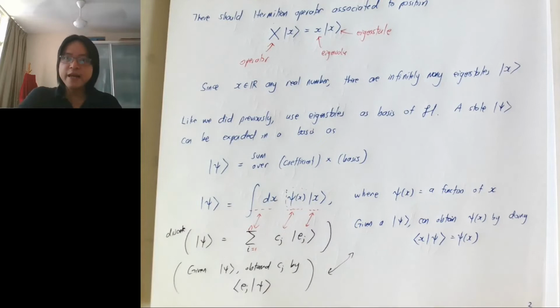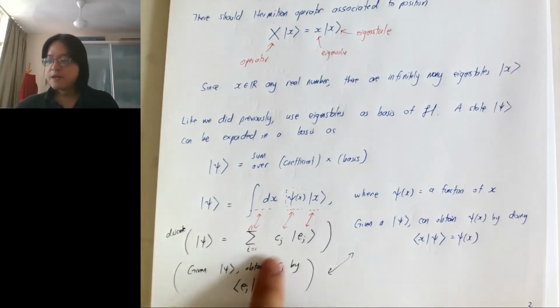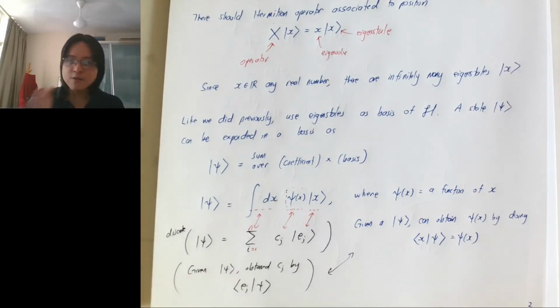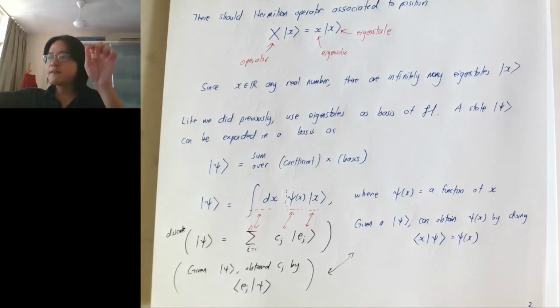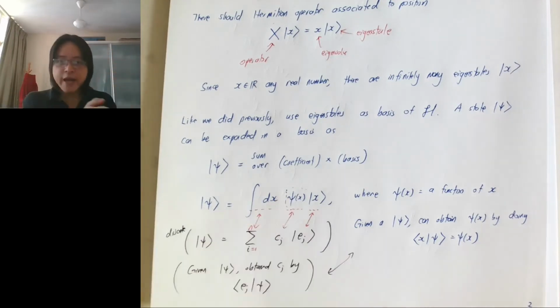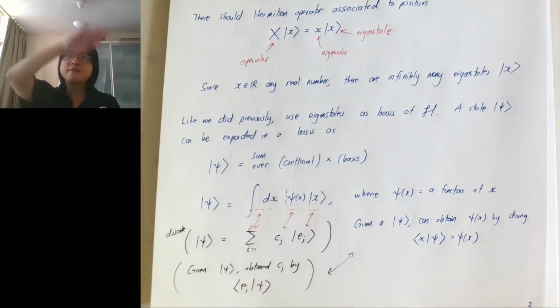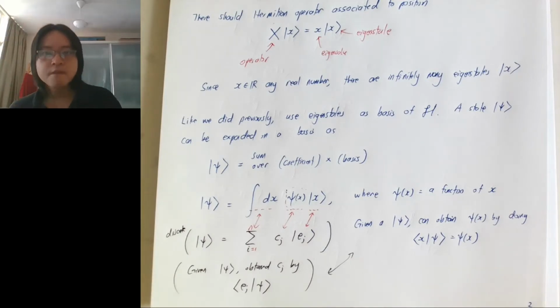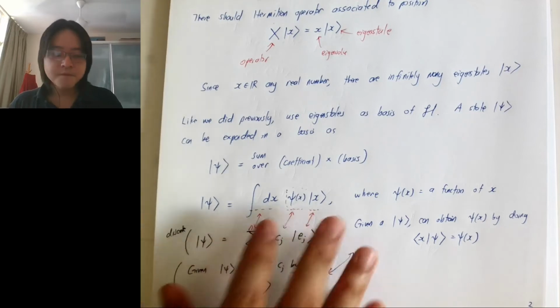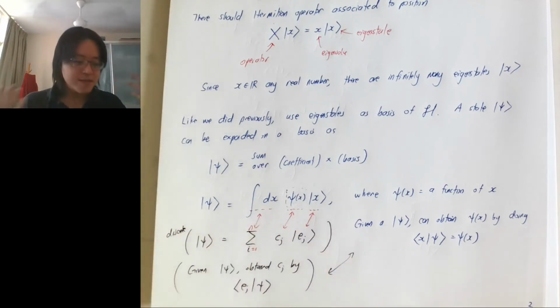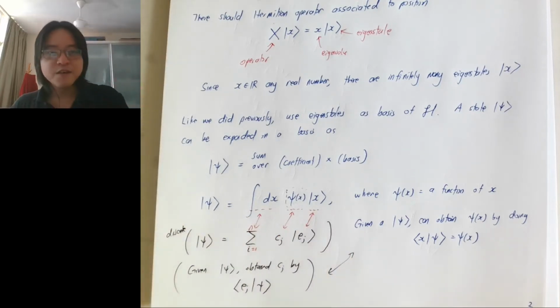For j equals 1, 2, 3, 4, I get different values; same story for x from 0 to infinity, I get different values of the function. This is your introduction to the continuous basis.